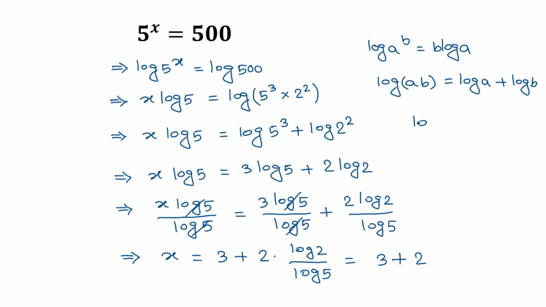By this formula, log of a divided by log of b, we can write this term as log of a to the base b. So we can write log 2 divided by log 5 as log of 2 to the base 5. And this is the solution of our given equation.